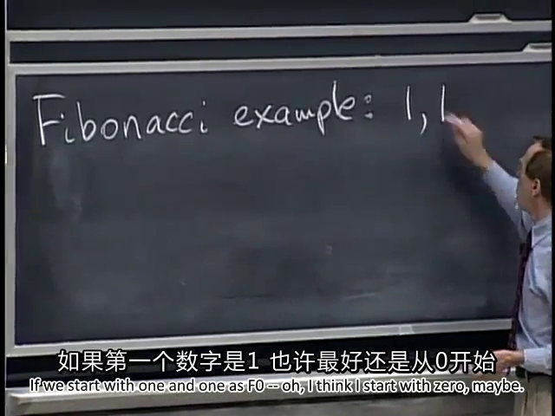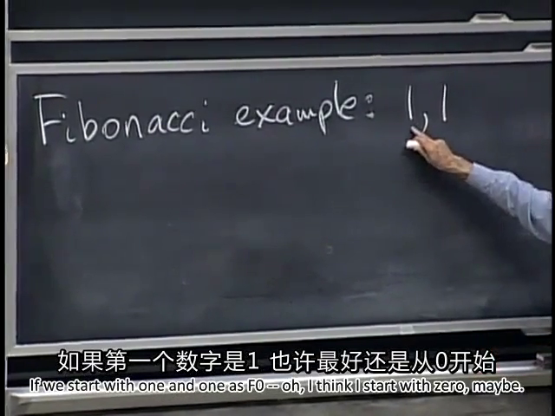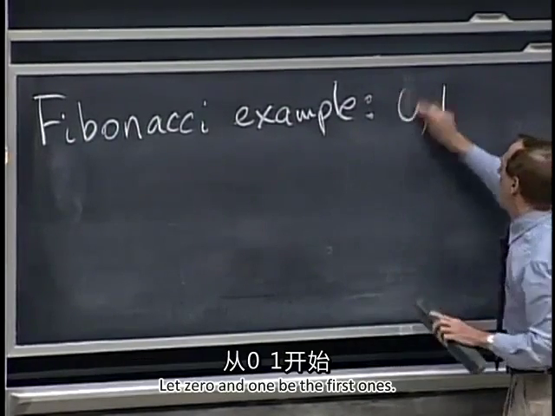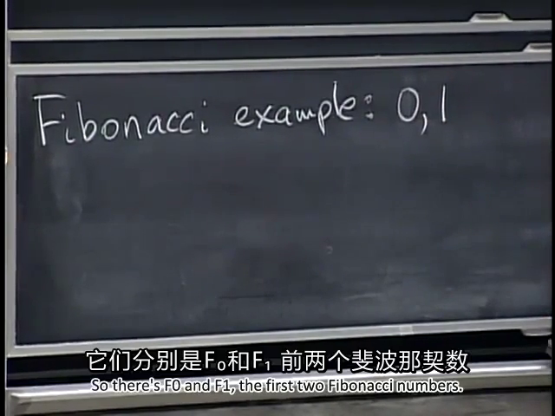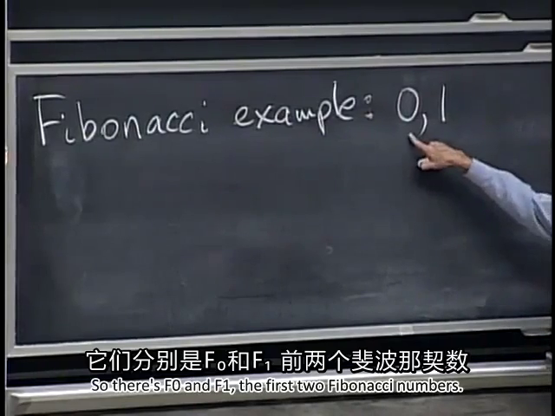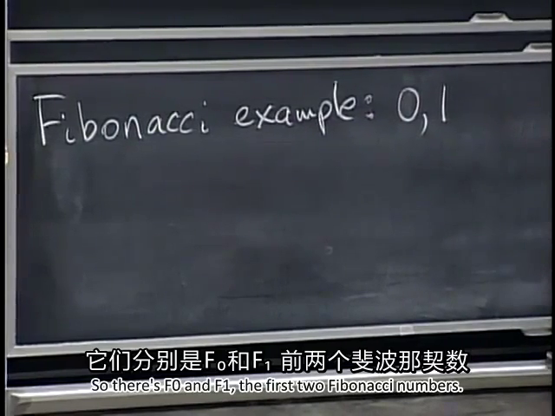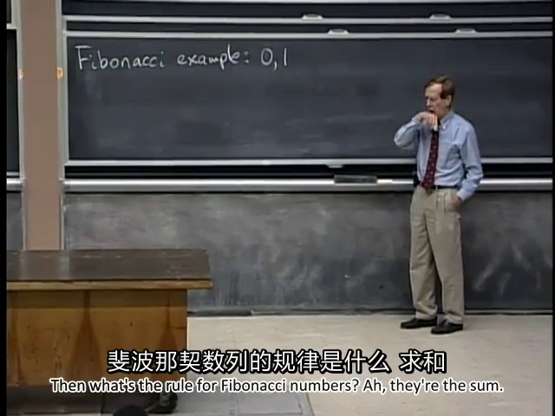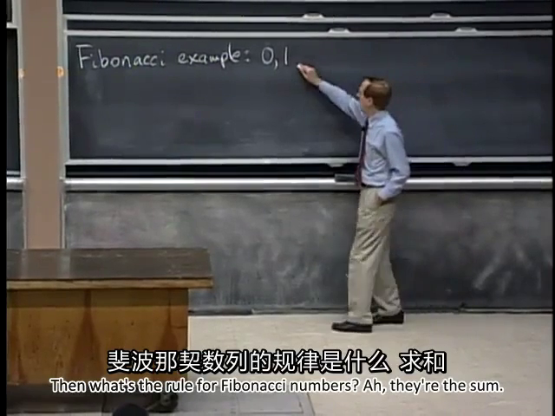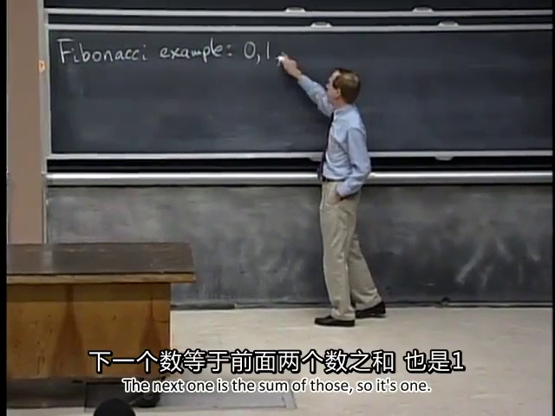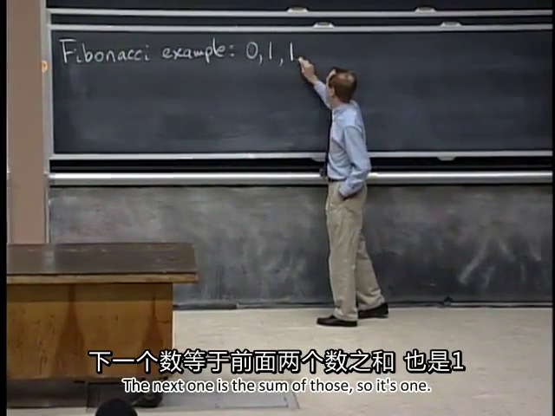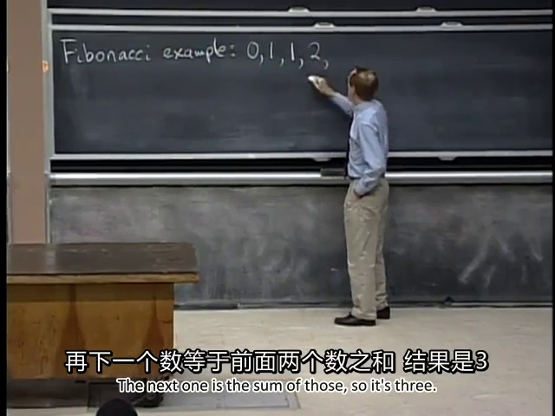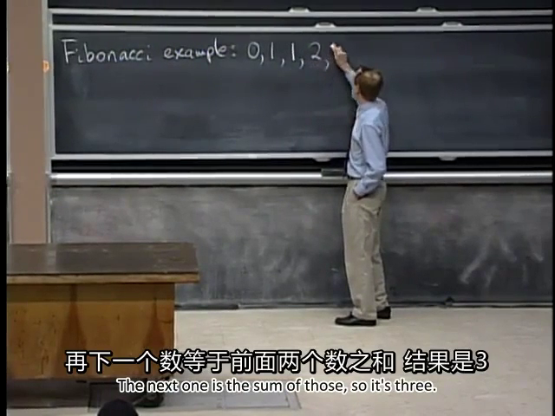If we start with 1 and 1 as F naught, oh, I think I start with 0 maybe. Let 0 and 1 be the first ones. So there's F0 and F1, the first two Fibonacci numbers. Then what's the rule for Fibonacci numbers? The next one is the sum of those, so it's 1. The next one is the sum of those, so it's 2. The next one is the sum of those, so it's 3.